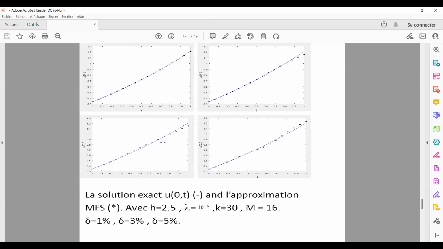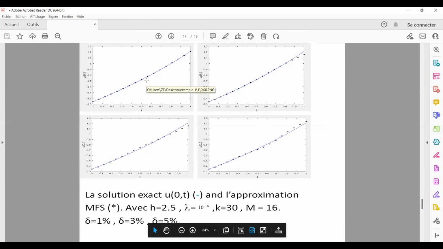D'accord? Donc, on a quatre figures. Dans la première figure, on n'a pas de perturbation. Dans la deuxième, la perturbation est de 0,01, la troisième de 0,03 et la quatrième de 0,05.